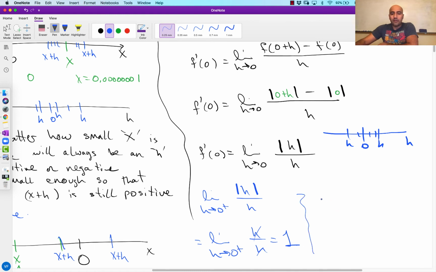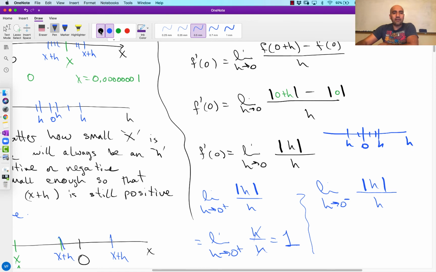On the other hand, the limit as h approaches 0 from the left-hand side, meaning h is always negative, is going to be the absolute value of h divided by h, where h is guaranteed to be negative.